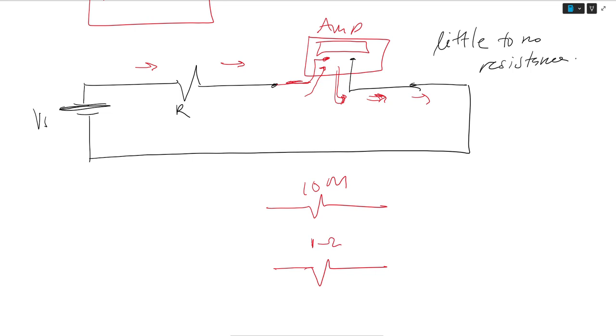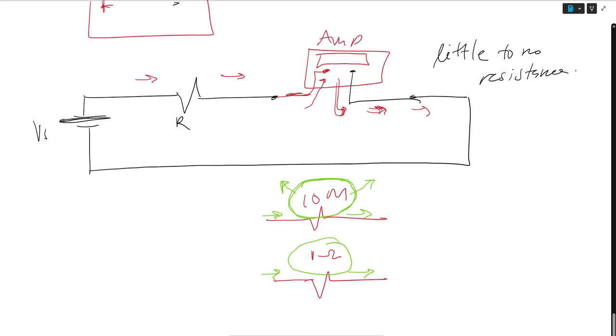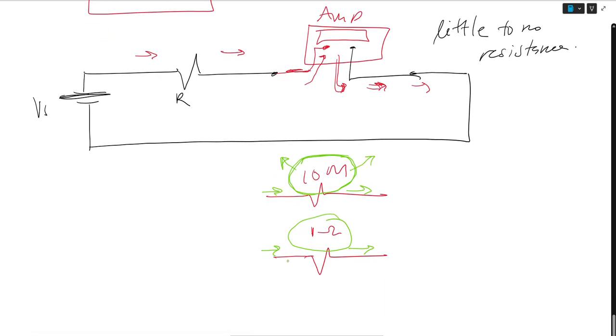For the current to go through here, think about it like this: when you're going through traffic and there's a huge amount of people in line, and it's hot outside, you're sweating a lot, you're dissipating heat. So the electrons also kind of do something like that. They waste a lot of energy passing through this 10 mega ohms versus this 1 ohm resistor, which they just pass through.